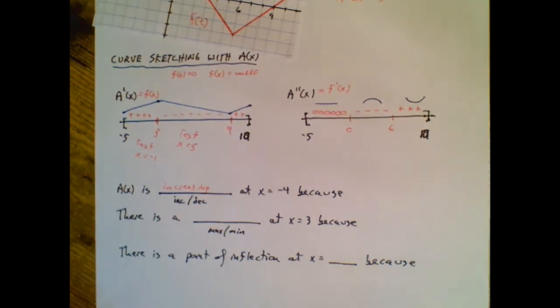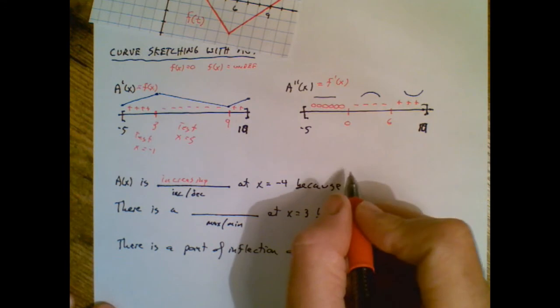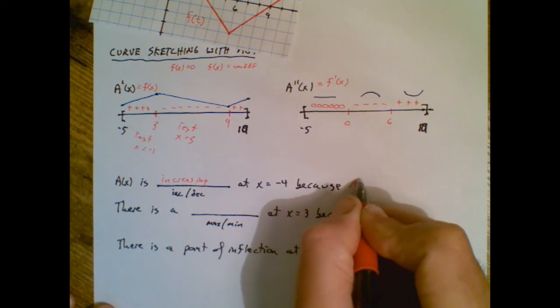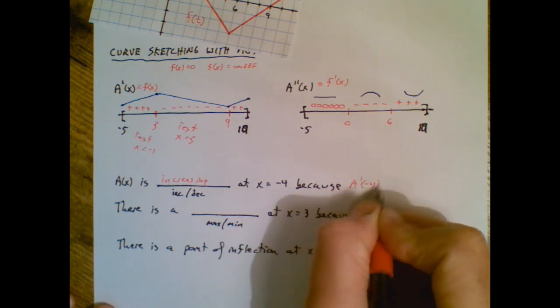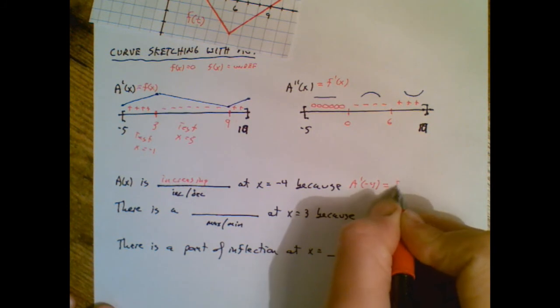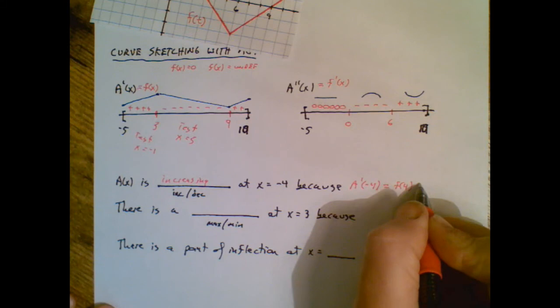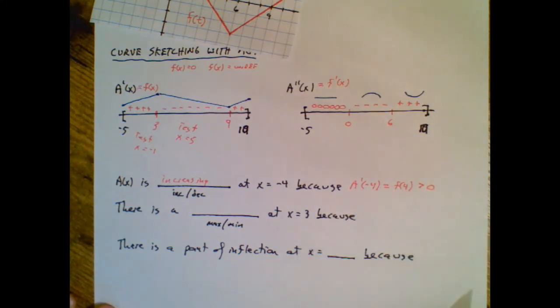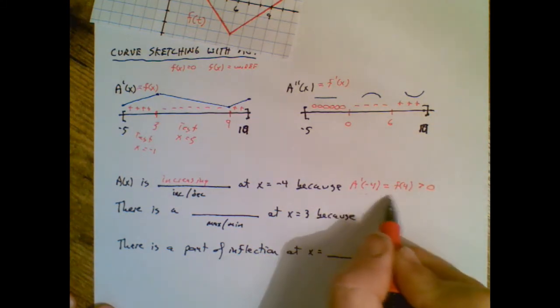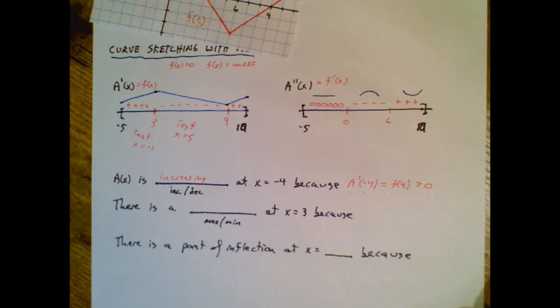And if I had to justify that with AP language, I would have to say this. A prime of -4, which I have to show that I realize is connected to f of -4, and I just say that's greater than 0. Remember, you got to connect those two if you want full AP credit.